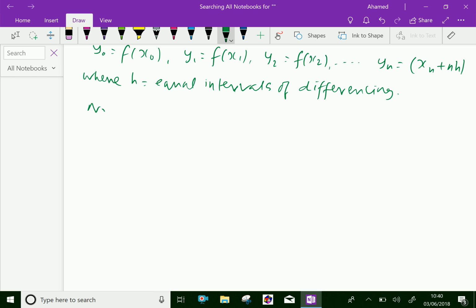Now delta y0 is the change, the difference between y1 minus y0.